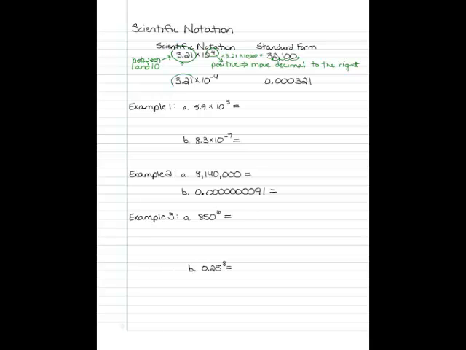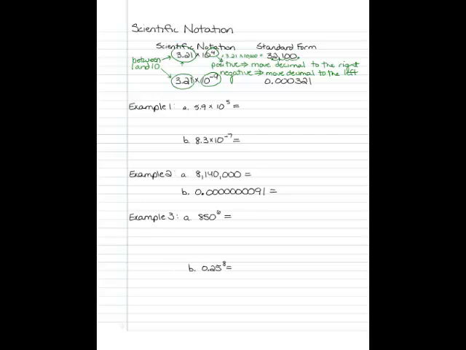Now going down to the bottom of the table, I pulled out the 3.21 times 10 to the negative 4. Again, starting with the number that is between 1 and 10, and then we have 10 raised to a power. Now this exponent is negative. If the exponent is negative, that tells us to move the decimal point to the left that many units.